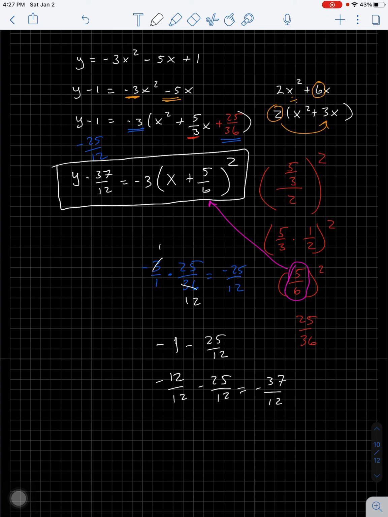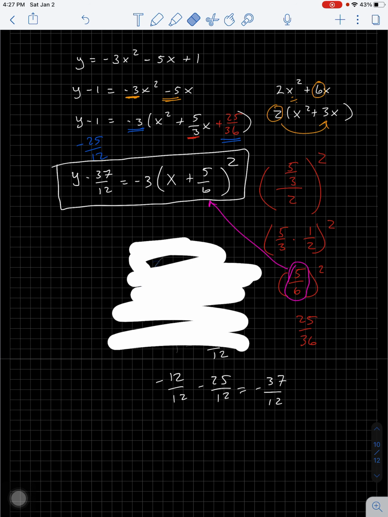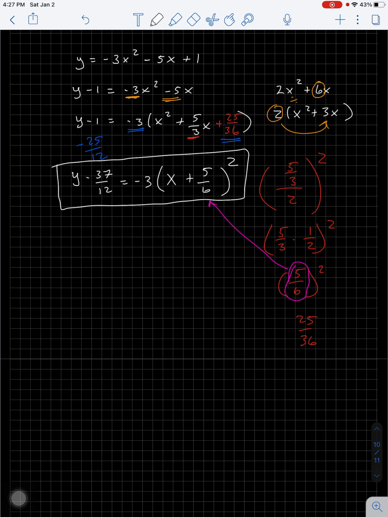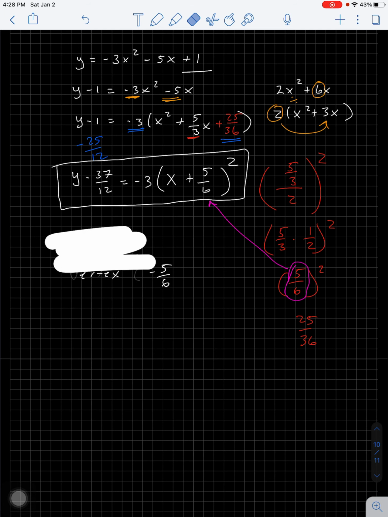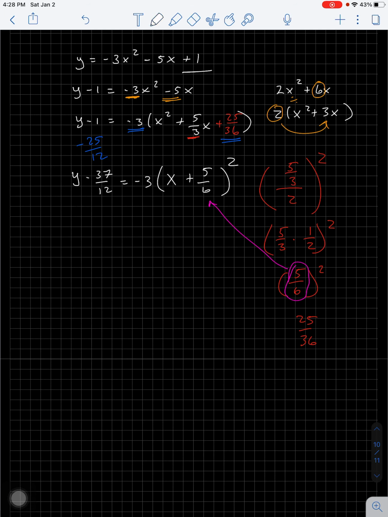So now I could answer some questions. I won't go through all the x-intercepts, but the y-intercept is easy. It's 1. And the vertex is also easy. That's going to be negative 5/6. Oh, whoops, we didn't add the 37 twelfths over. Let's do that. Sorry about that. Add this guy back over.